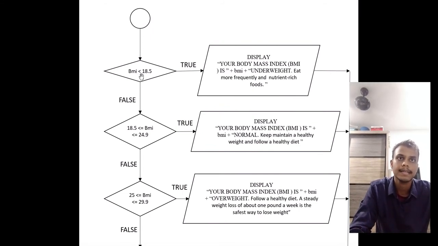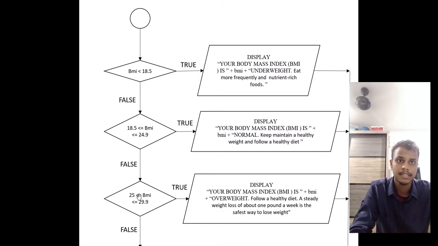Now if the BMI is less than 18.5, it shows that he or she is underweight. If the BMI is 18.5 and above and 24.9 and below, it shows the user that they are normal.